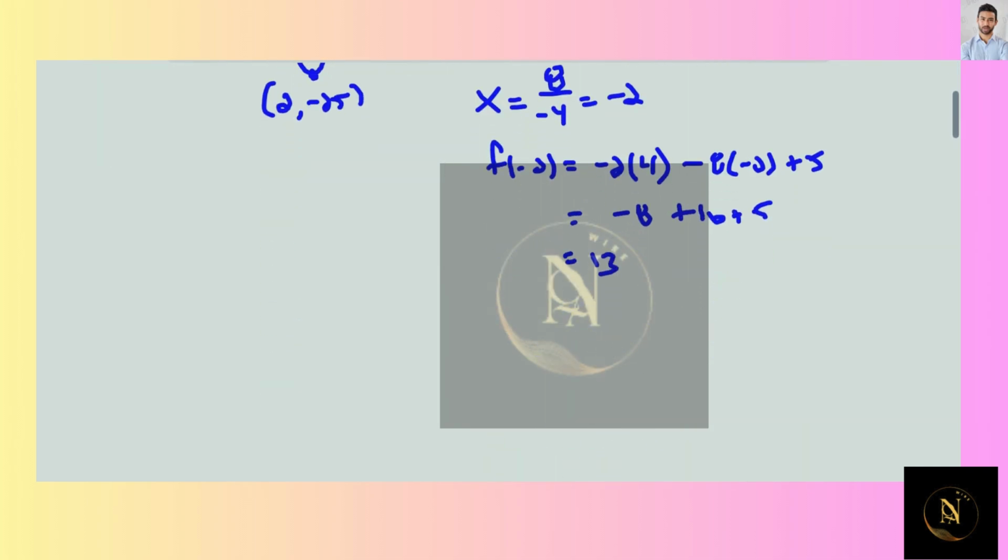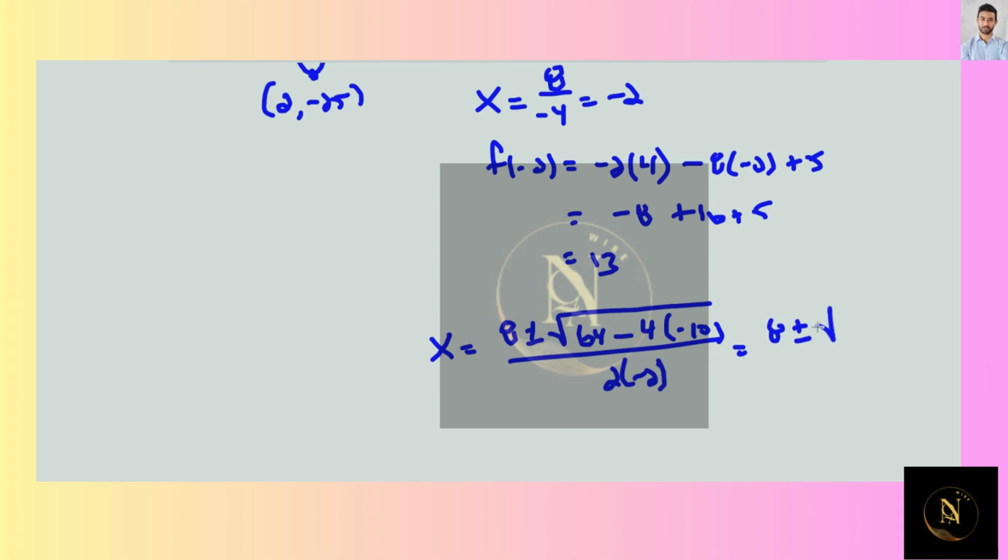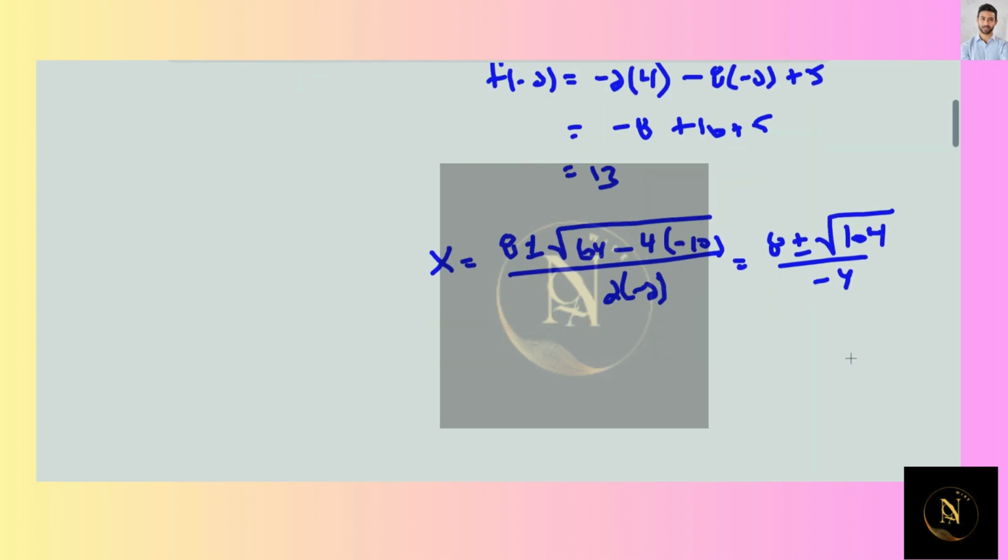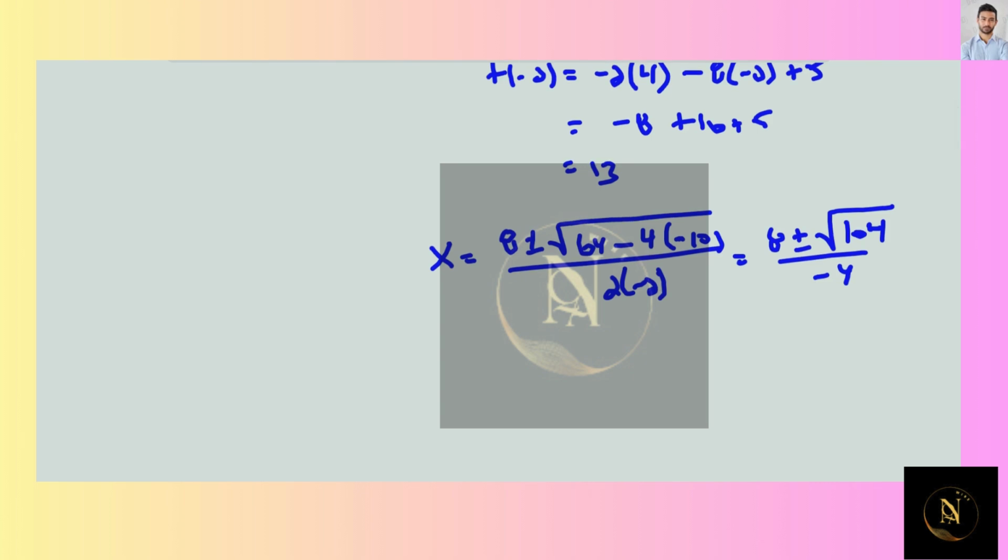We'll estimate the zeros using the quadratic formula, which is opposite b plus or minus the square root of b squared minus 4ac over 2a. So it'd be 8 plus or minus the square root of 64 plus 40, or 104, all over negative 4. So the square root of 104 is a little bit over 10. We'll say 10.2.